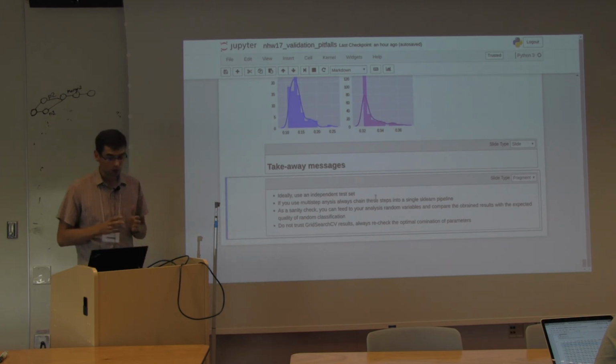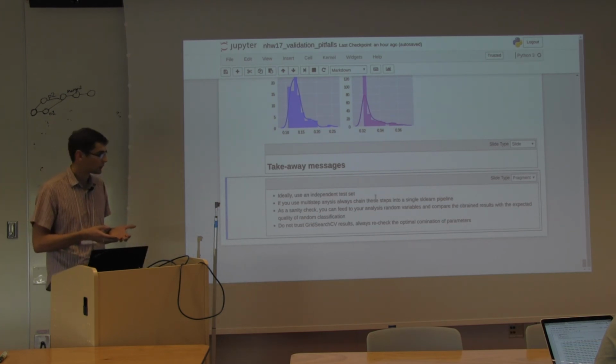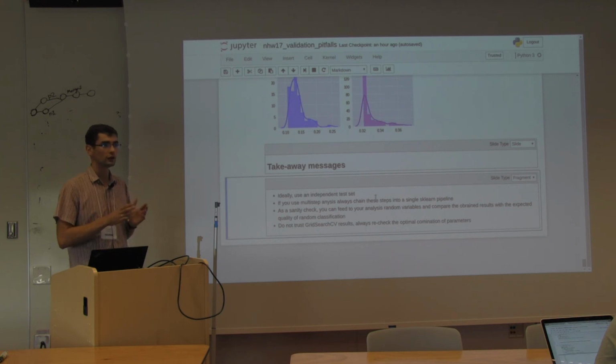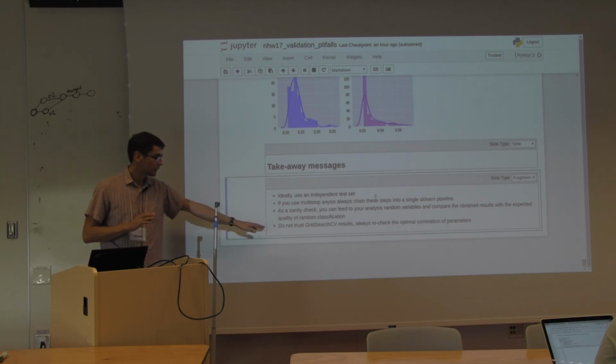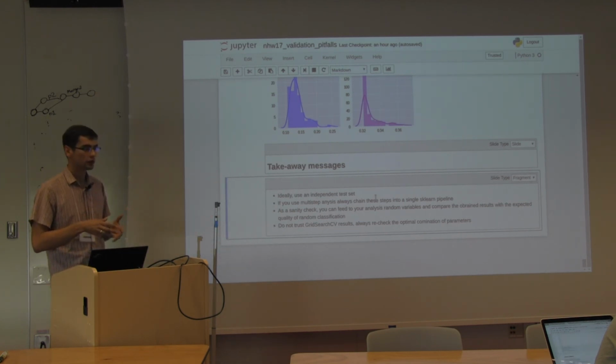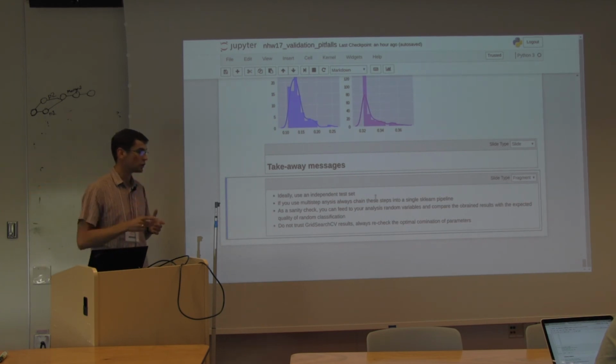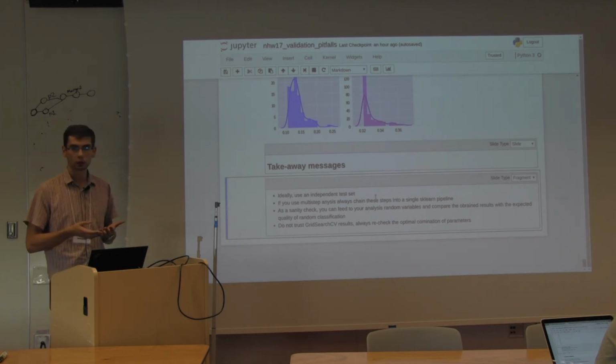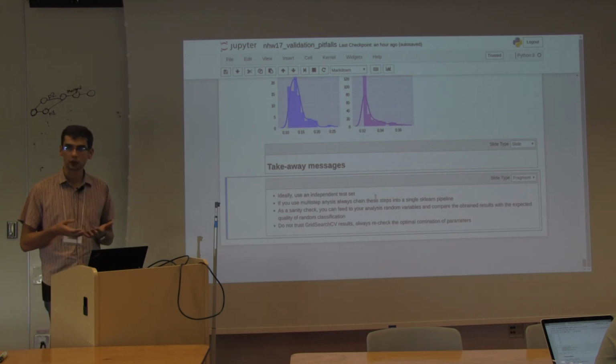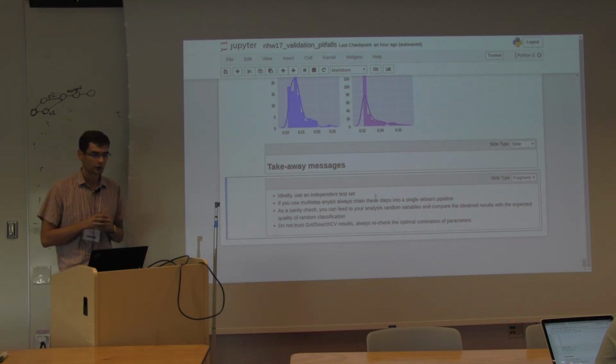Also, you can use random shuffle to check that everything is all right. And again, you can use grid search CV to select your optimal parameters, but you should recheck the actual quality of the selected combination of parameters. That's all.